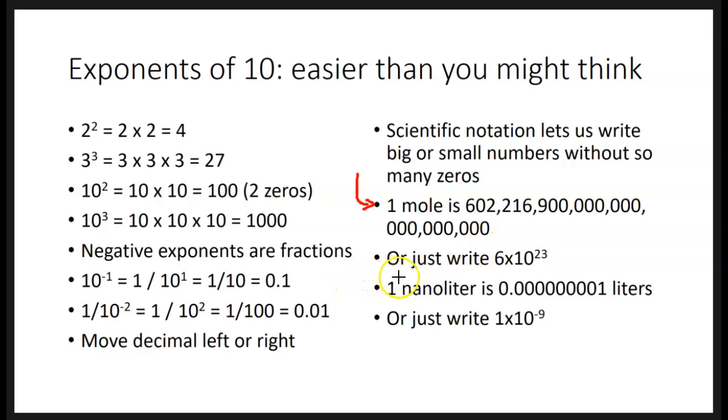Or instead of writing all that, you could just write 6. This is about 6 times 10 to the 23rd, because there's 23 decimal places after that 6. We'll also talk about really small numbers like a nanoliter, which is 0.000000001 liters. But you could also just write 1 times 10 to the negative 9th.